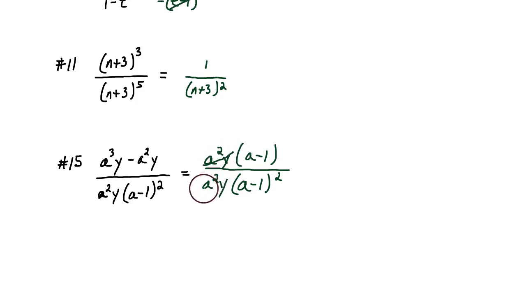A squared y divided by a squared y reduces to just 1. And the a minus 1 in the top will cancel 1 of the a minus 1s in the bottom, leaving 1 of them left over. One way to show that is to slash this away and slash the exponent away, replacing it with a 1. We're left with 1 on top and a minus 1 on the bottom.